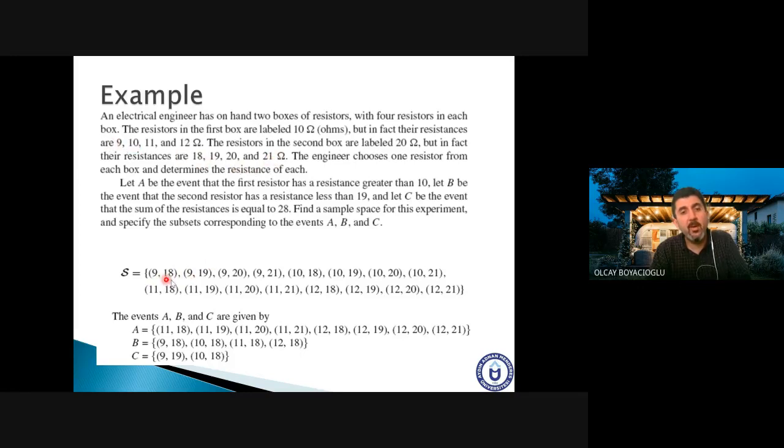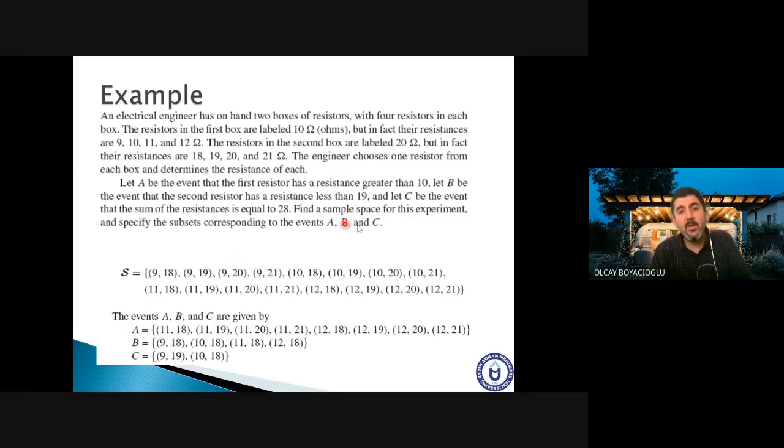So write each of them: 918, 919, 920, 921. Repeat for the other ones: 1018, 1019, 1020, 1021, 1118, 1119, 1120, 1121, and for the 12: 1218, 1219, 1220, 1221, and close the parentheses. These are all the possible outcomes if you select one resistor from each box.